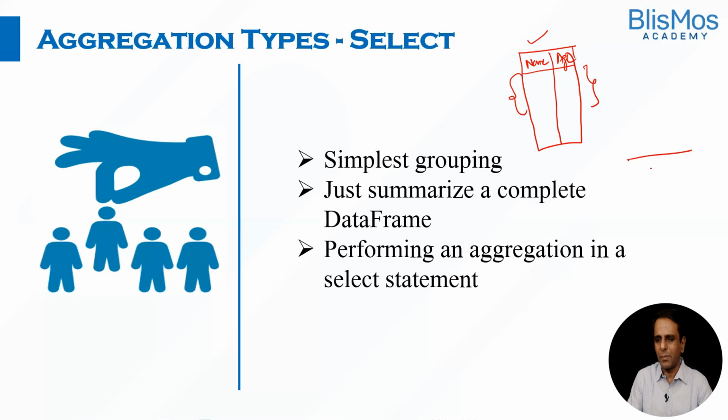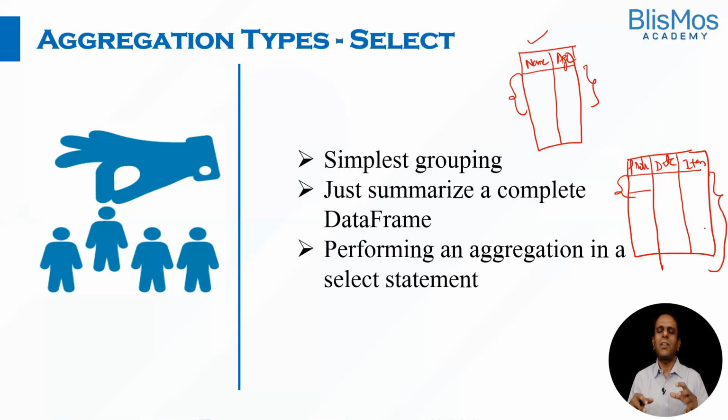Or let us take one more example: product, date, items sold. We have different types of products, apparel, grocery products and so on. In a day, if you want to count how many times a particular product is sold, we can just summarize that using a select statement. It is as simple as that.